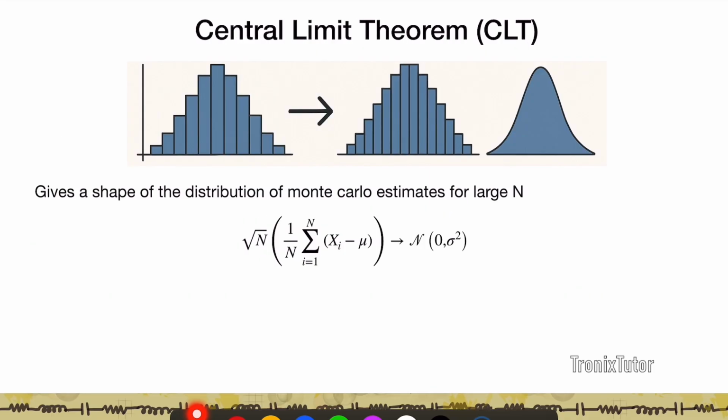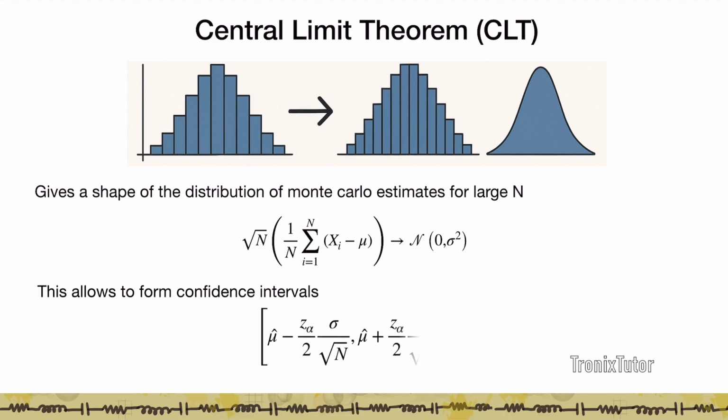So the central limit theorem applies, and you know that as you start looking at distributions with a large number of n, the Monte Carlo essentially converges to the normal distribution. So if I take x minus mu, it's going to converge to a normal distribution around the origin. And this helps you create confidence intervals.